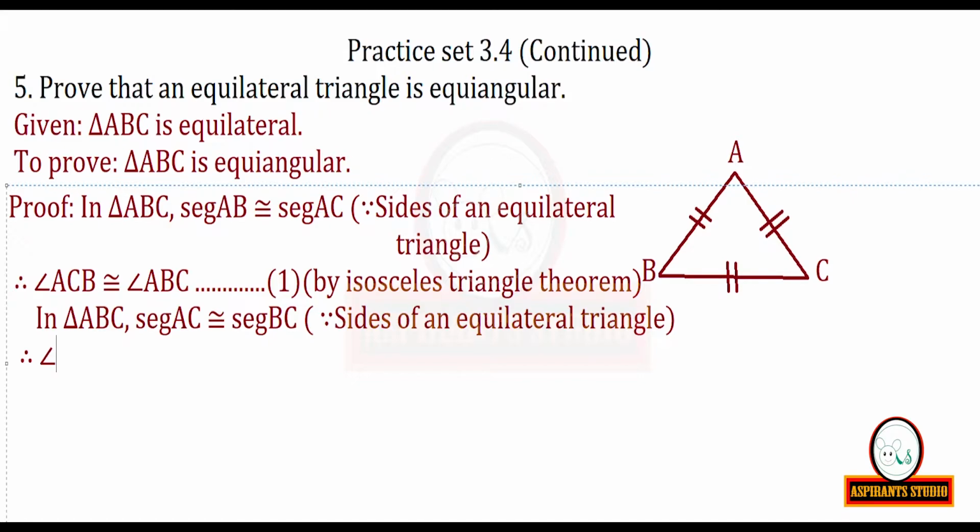So angle ABC is congruent to angle BAC by isosceles triangle theorem. Take this to be equation number 2.